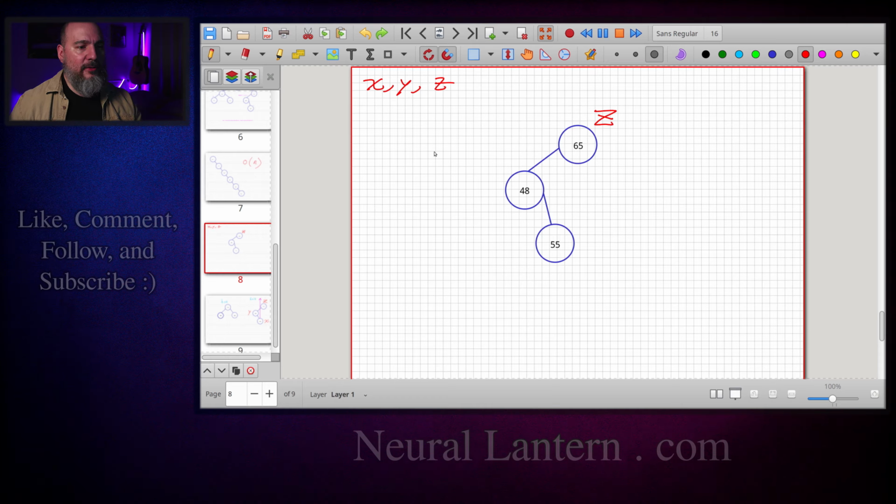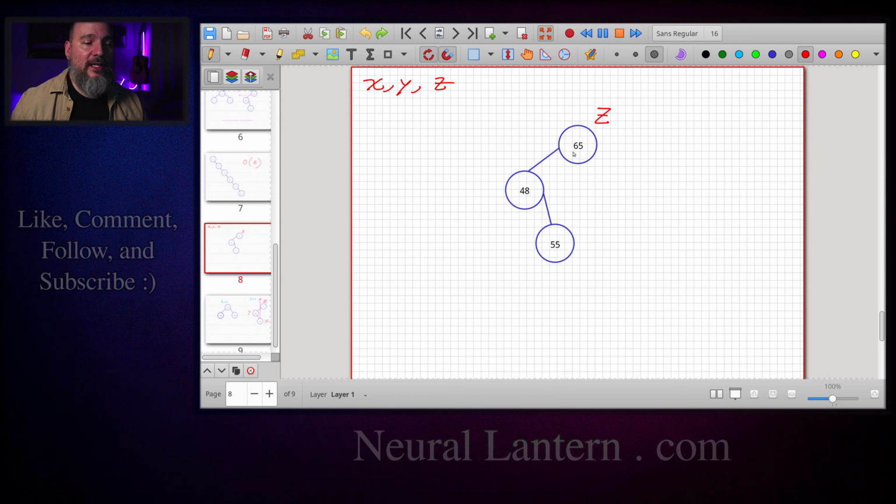So we see the Z node. We have to find the Y node next. To find the Y node, we're just going to take the child of the 65 node that has the taller subtree. There's only one subtree, on the left. There's no subtree on the right of the 65 node. So the choice is obvious.